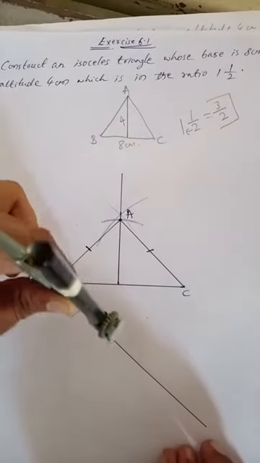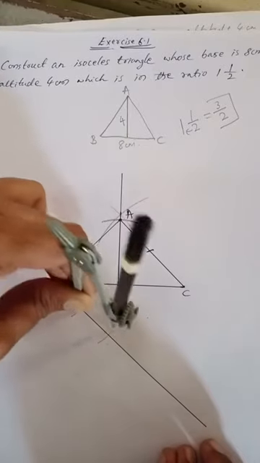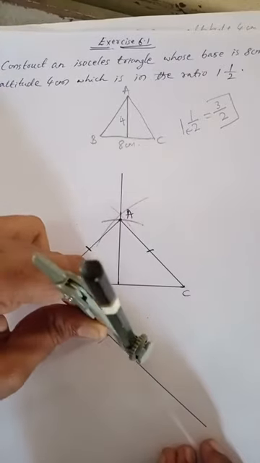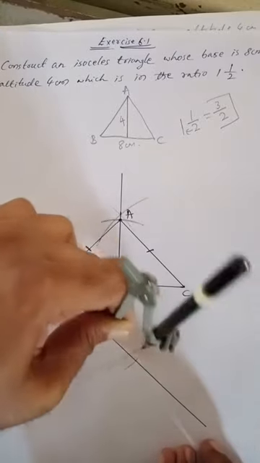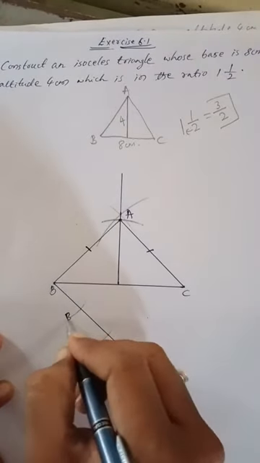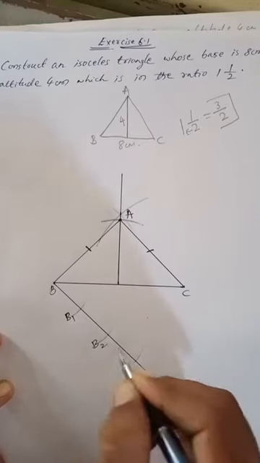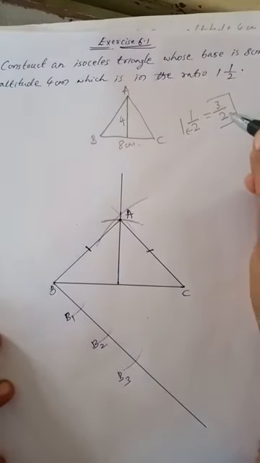This is the one cut which I have drawn. This is the second cut, and this is the third cut which I have made. Now I am going to label these as B1, B2 and B3. Now look at this one. The denominator is 2.